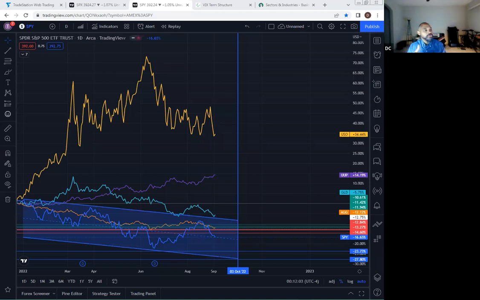So this is a cross asset approach to looking at the markets. It's not a full-on intermarket analysis, but it does give you an idea of a properly constructed portfolio and how, when the S&P hits you with that 16% decline from the beginning of the year, maybe if you had some bonds in your portfolio that would give you 4% back.